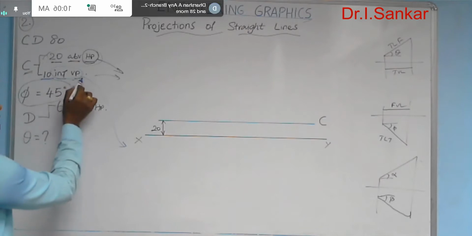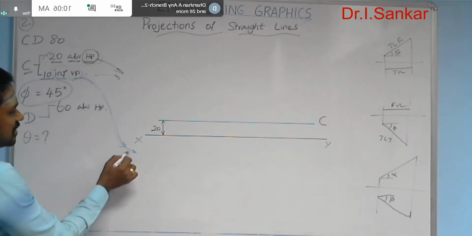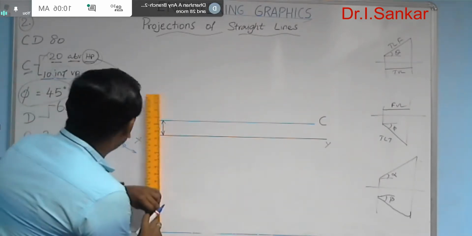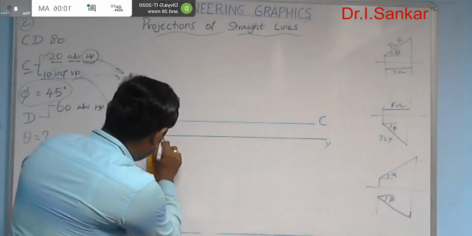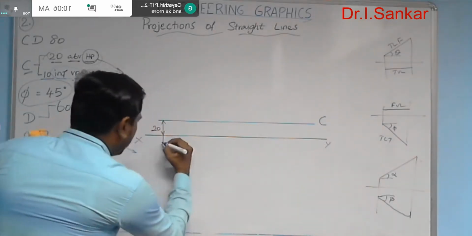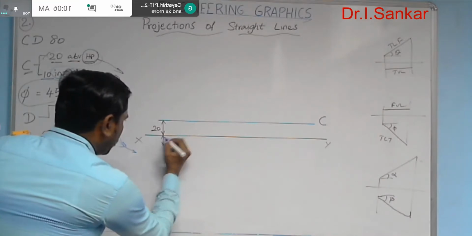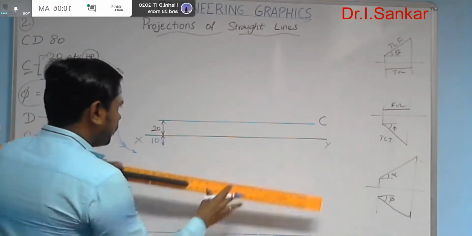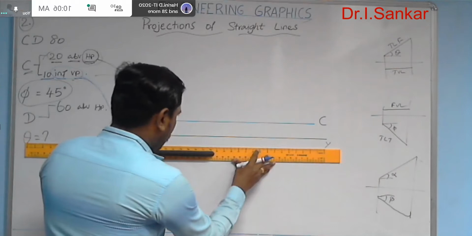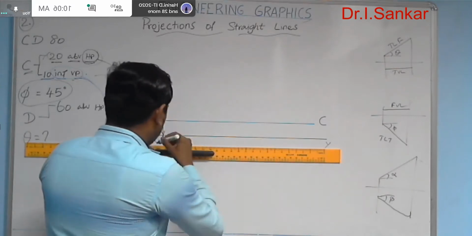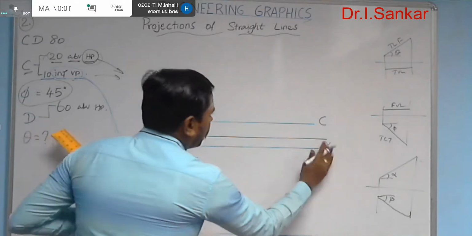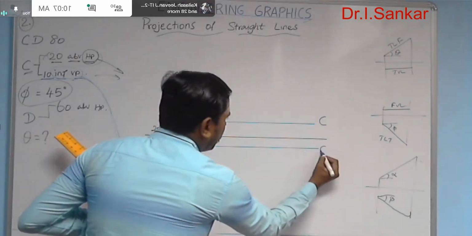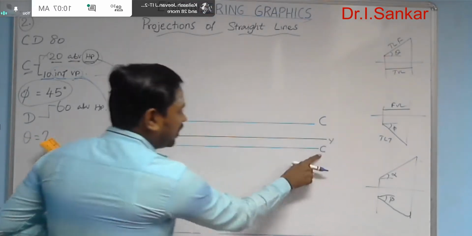In front of VP can be understood here as below XY. How much below? 10 mm below. This is nothing but the locus of C in the top view.